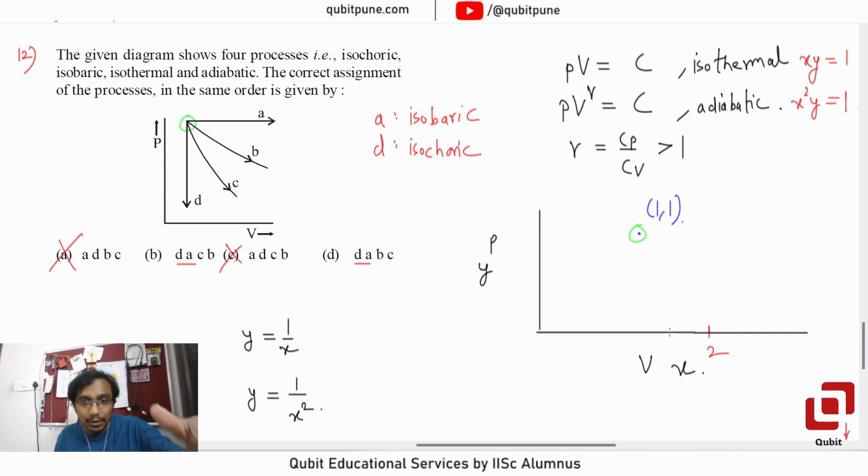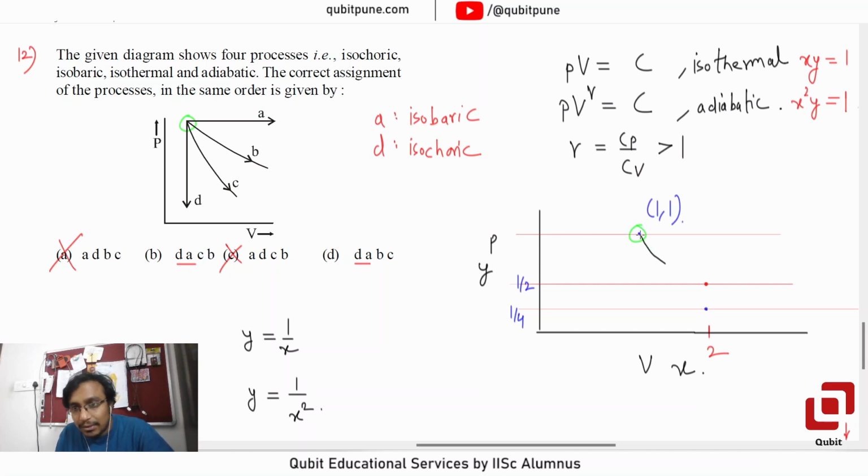Isothermal would mean y as 1 upon 2, so somewhere here. But adiabatic would mean y as 1 upon 4. So this is 1 upon 4 and this is 1 upon 2.